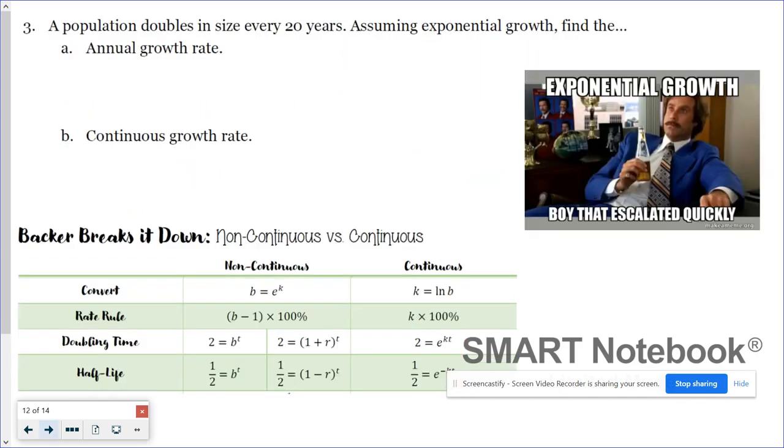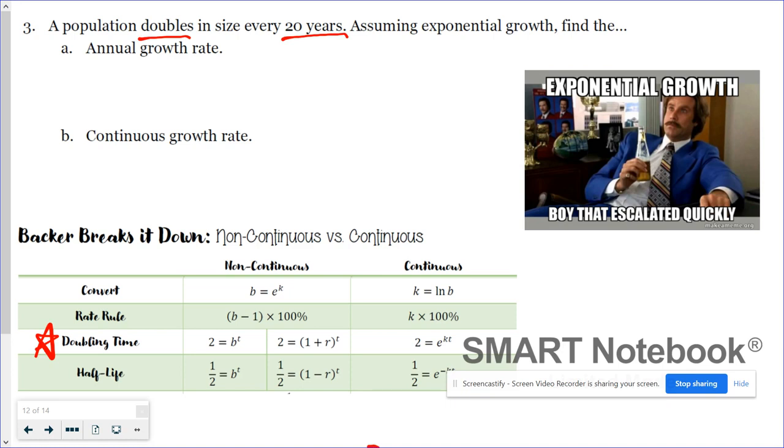A population doubles in size every 20 years. Assuming exponential growth, find the annual growth rate. All right, doubles. That is a key word. That means I'm working with doubling time. Now it says it doubles every 20 years. Okay, didn't use the C word.